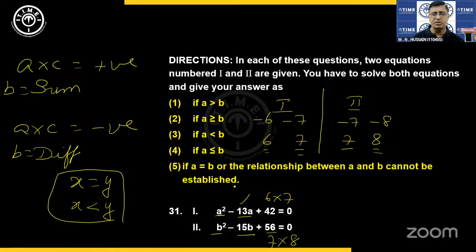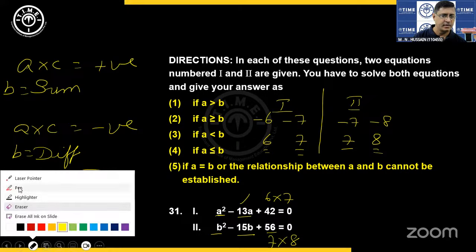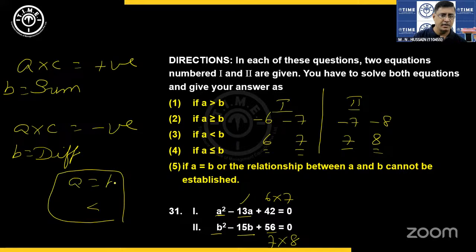Of course, not x and y; here a and b are given, so let me write a and b. Combining these two, x less or equal to a less or equal to b. The right choice is option number 4.